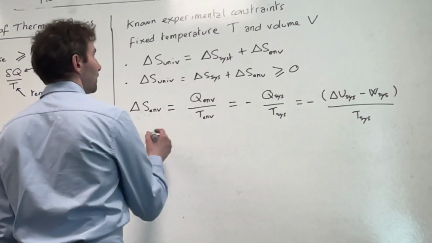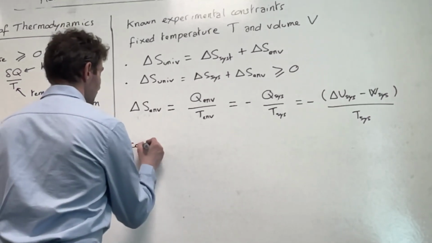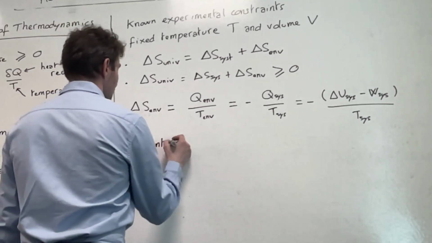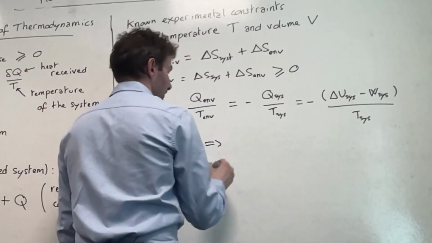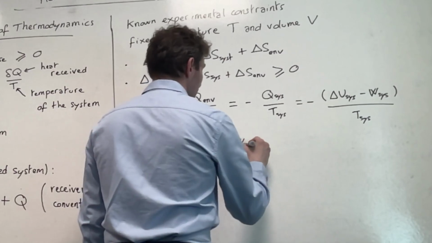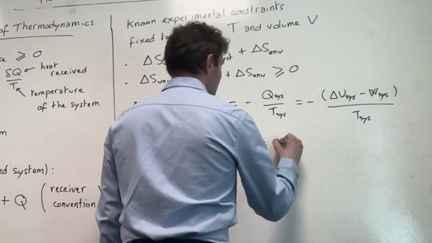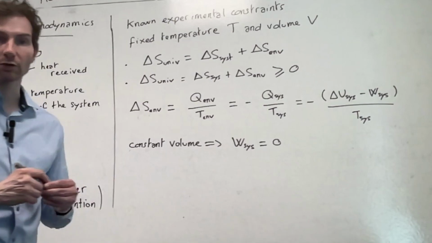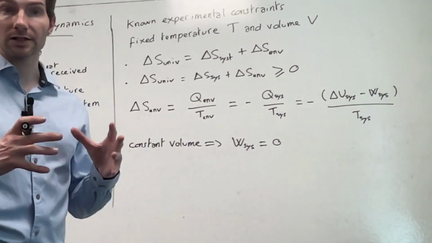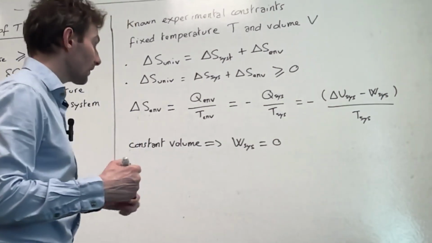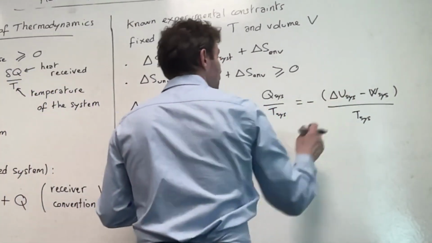Here I'm saying, well, constant volume in most systems is going to entail that the work received by the system is zero, because usually the work is done by expanding or shrinking the size of the system. So W here is going to be zero.